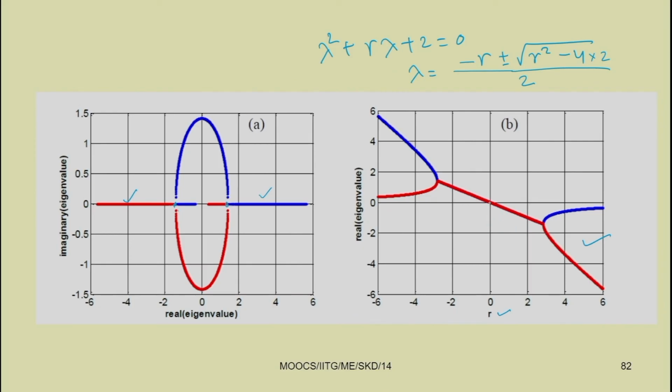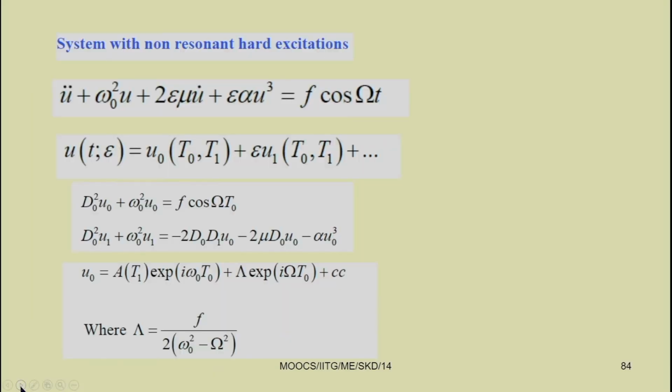So for r greater than 0 the system is stable, and for r less than 0 the system becomes unstable. This way you can do the stability analysis of the system.